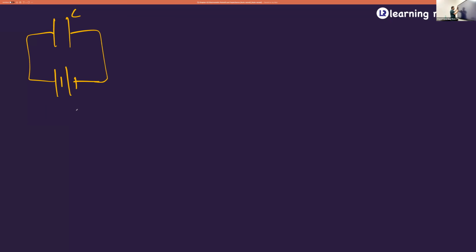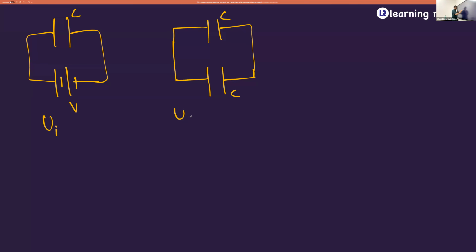Here this is C, this is V. The next situation is this is C, this is C. So you need to calculate the energy of the system and find the ratio of U final by U initial.